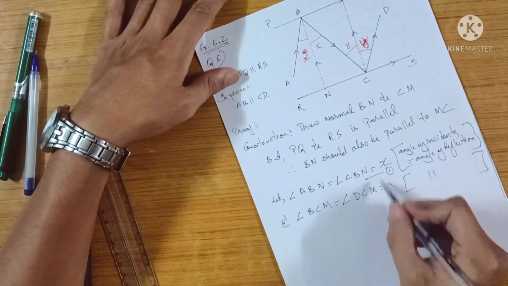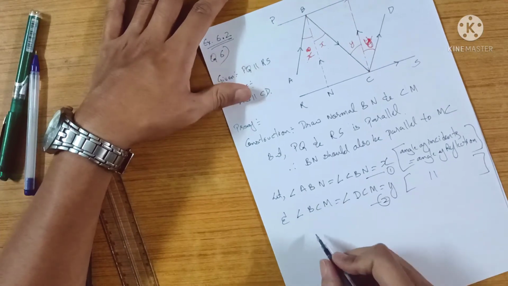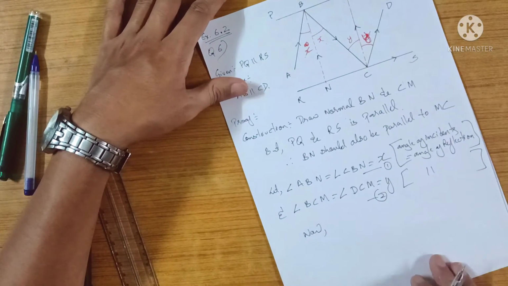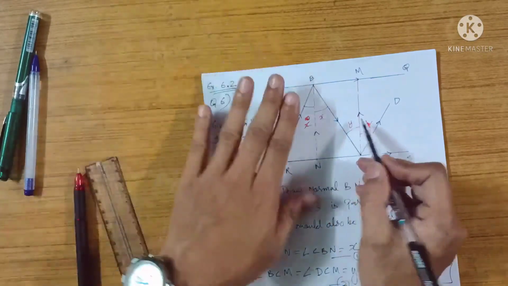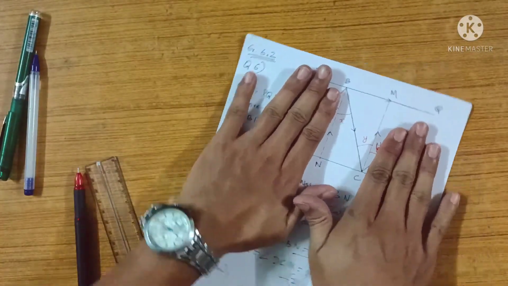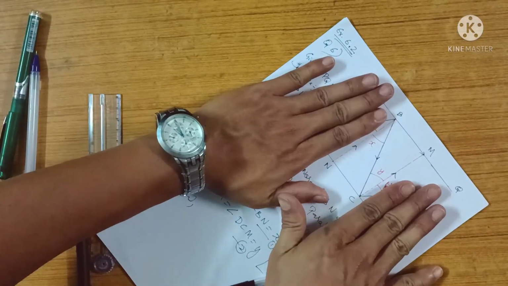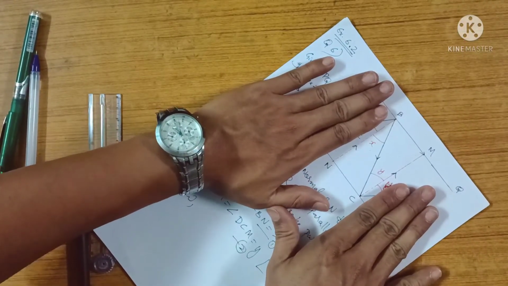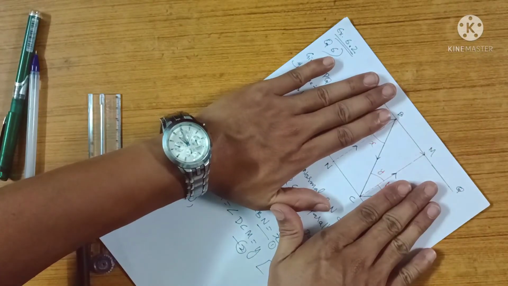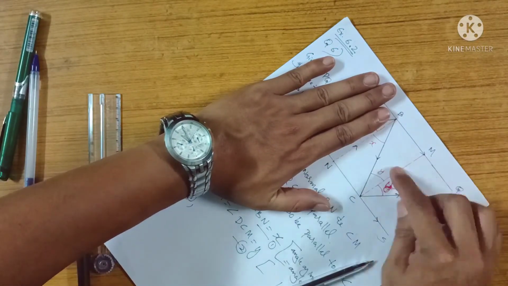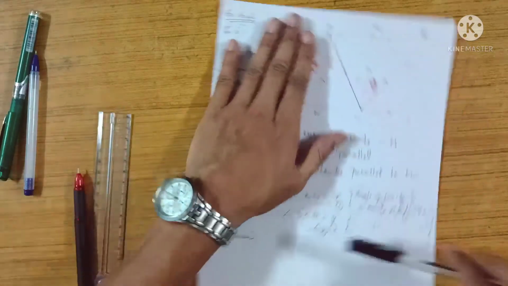Let's keep these as equation 1, 2. Now we can say that, see, if you look at the diagram, we just literally said that this and this is parallel, right? So if I turn the diagram like this, you can see that it's forming a Z shape here, which means those are the two alternate angles, because if these two are parallel, then the alternate angles will always be equal, right?